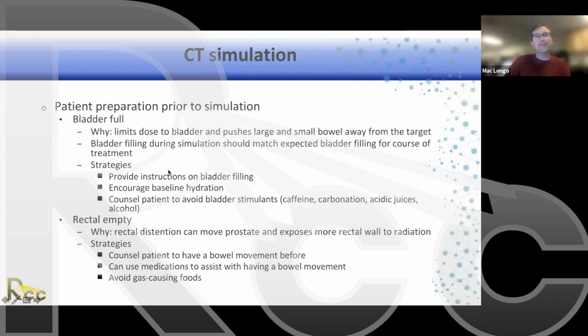Now, there are guidelines that are given. The ESTRO has guidelines for recommending that patients drink 500 milliliters of water 30 minutes prior to simulation. I think we tell patients to drink 24 ounces, which is a pretty similar amount in our measuring system. But bladder filling is highly variable.